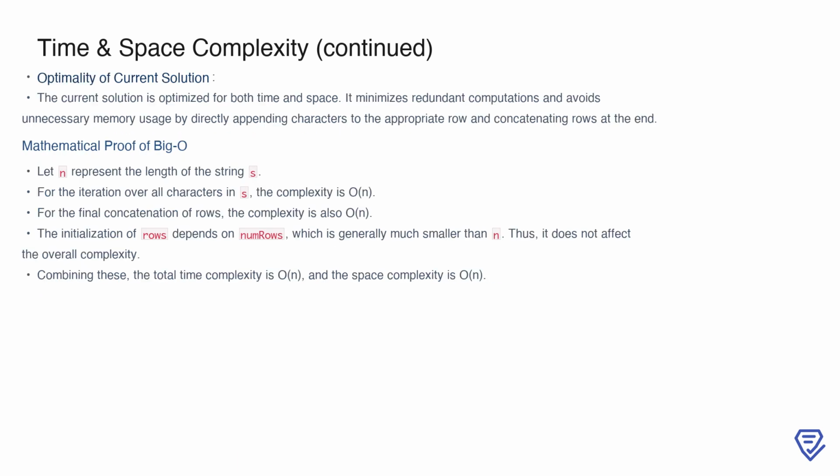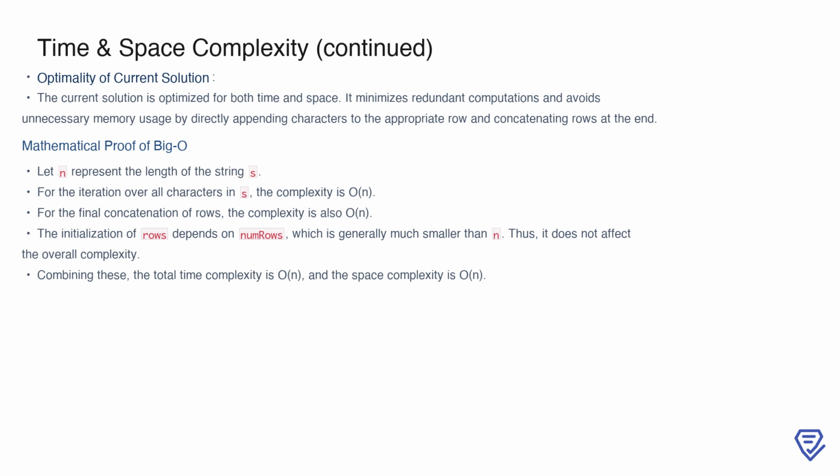Finally, let's consider the optimality of the current solution. This approach minimizes redundant computations and avoids unnecessary memory usage by appending characters directly to the appropriate rows as we iterate through the input string. The concatenation step at the end is efficient and avoids the overhead of simulating a full grid. To mathematically confirm the big O complexity, let's denote the length of the string as n.